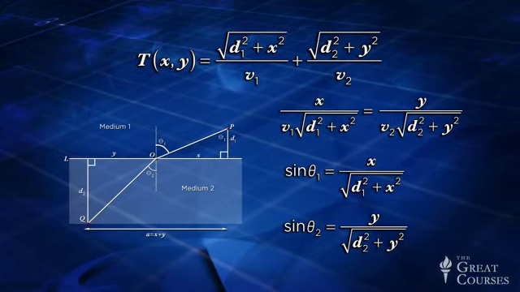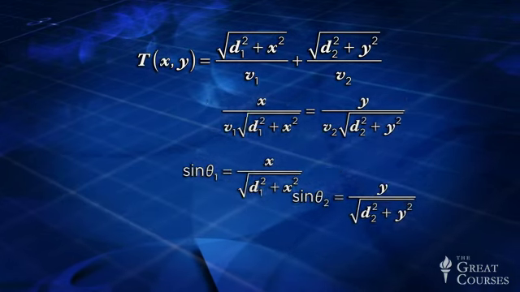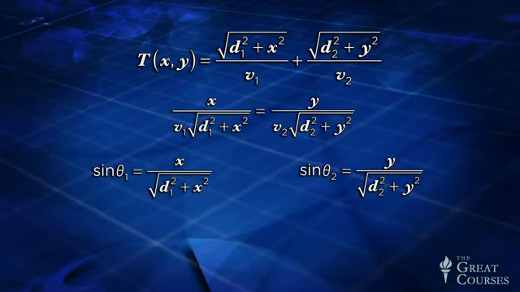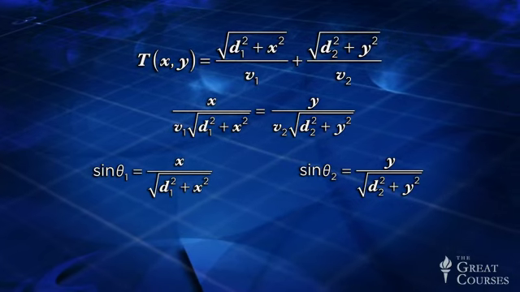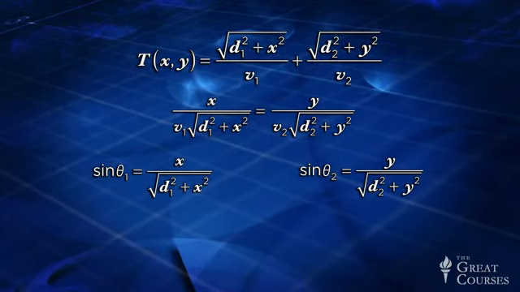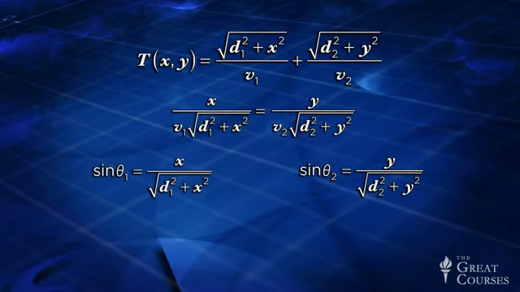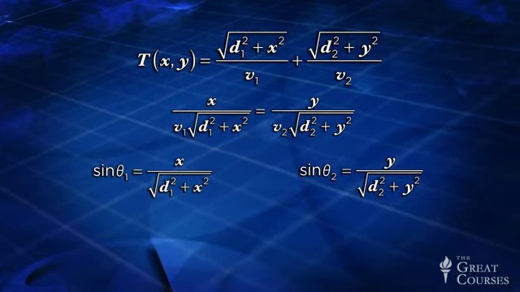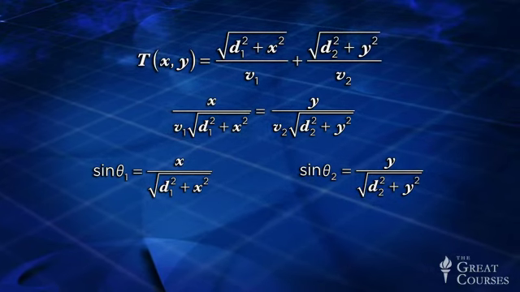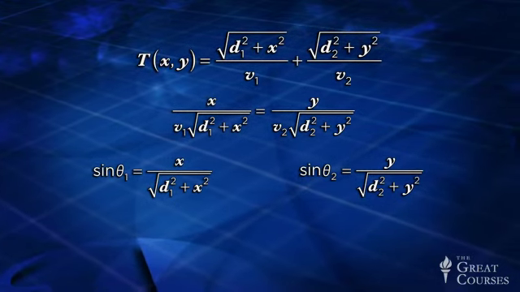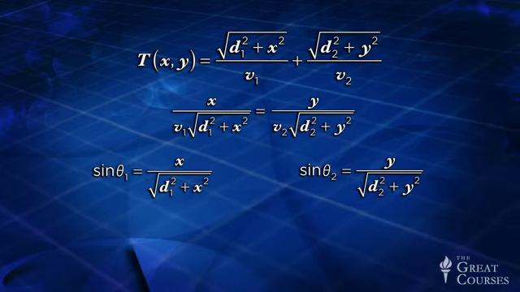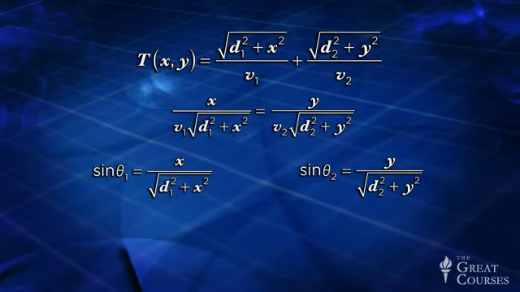Isn't that interesting? So let's equate these now. We know that x over v1 times the square root of d1 squared plus x squared equals y over v2 times the square root of d2 squared plus y squared. On the left, we have sine theta 1, which is x over the radical part, and then there's a v1.